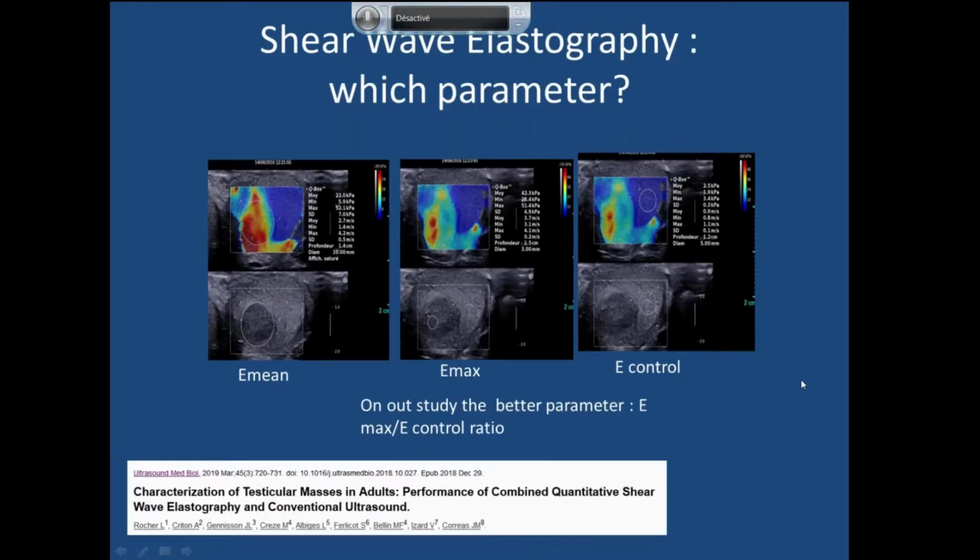Which parameter should be used when you have a lesion with a high stiffness? With Jean-Michel, we performed this study with shear wave elastography, and we measured the mean stiffness with a circle covering quite the whole lesion.